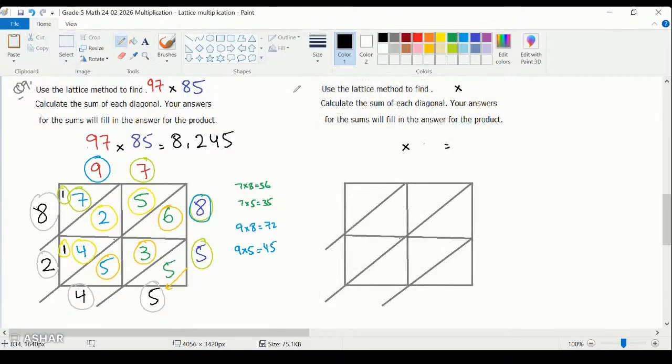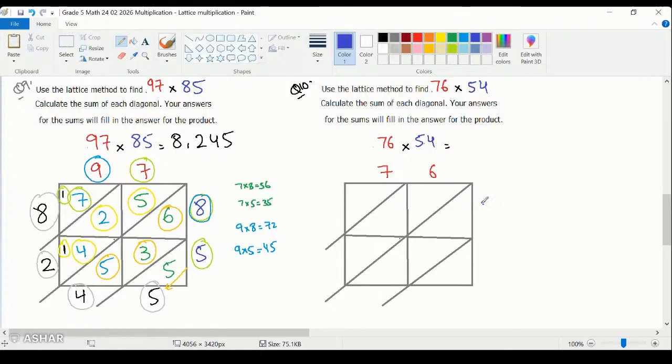The next question says, 76. We write 7 and 6, to be multiplied by 54.